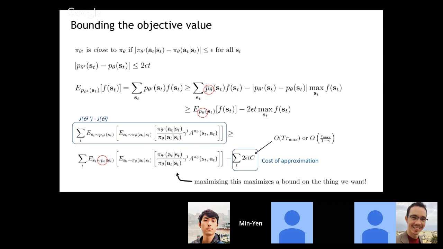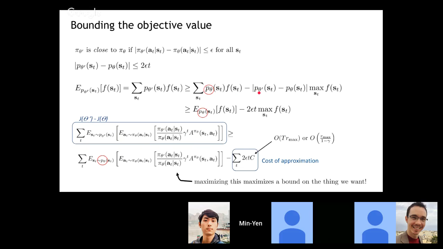So as we step, this thing worsens. It's 2 epsilon t, right?